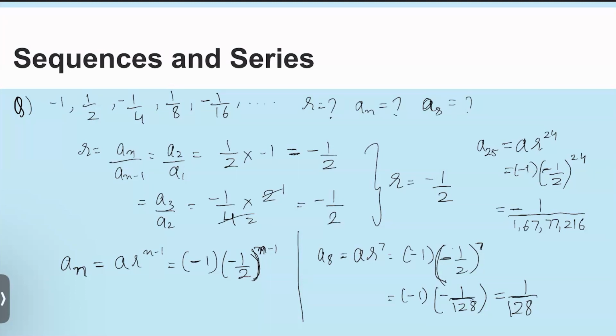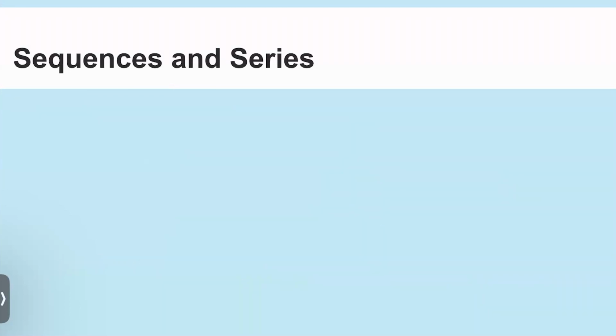Let's take another example then. Your question is, we have 3, 6, 12, 24, 48. It's the same. Let's find r first, then we'll find an, and we will find, say, a7 for this.